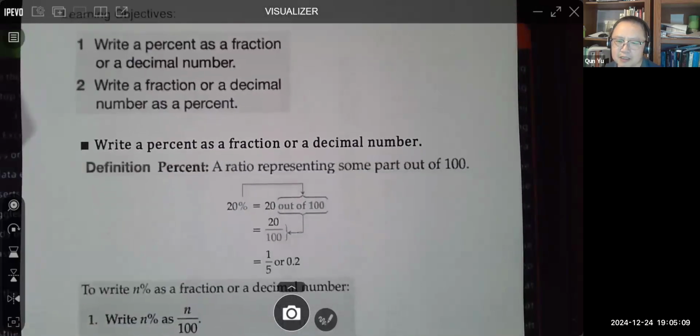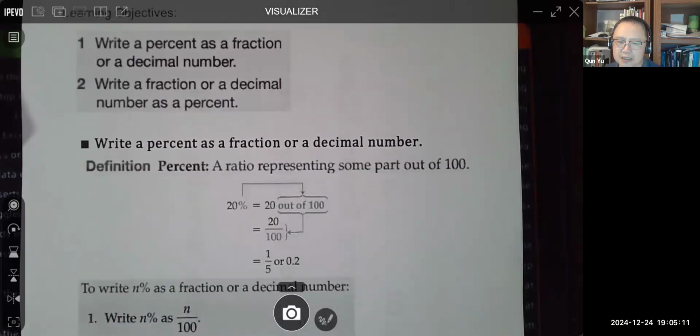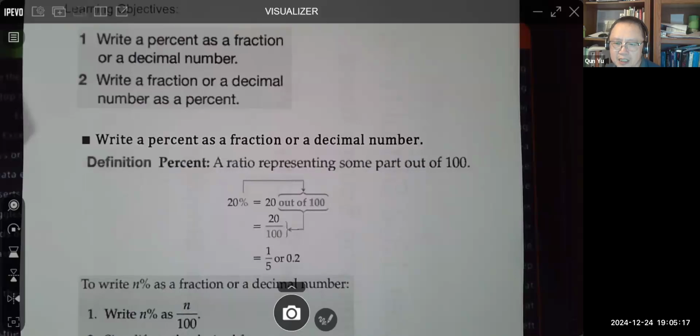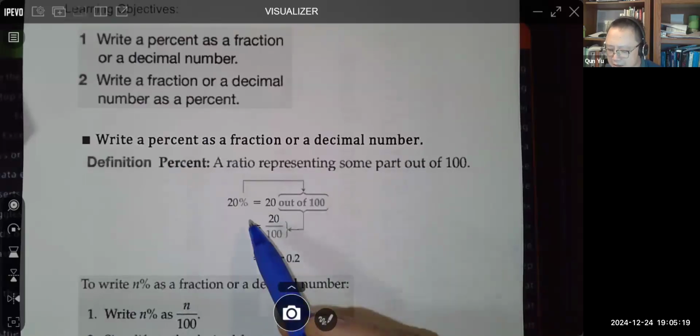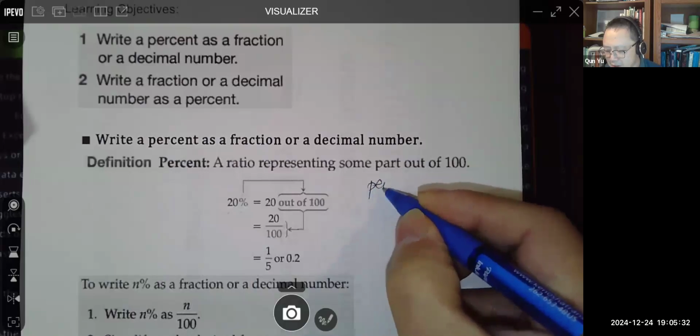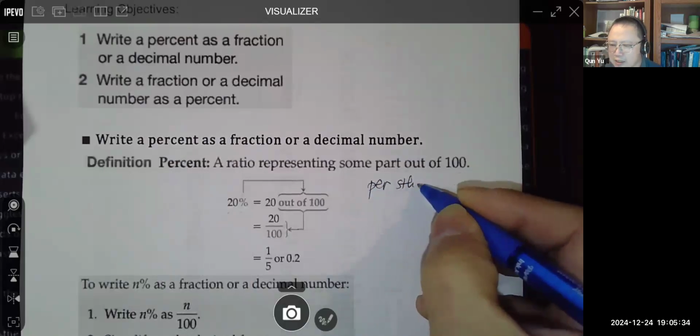First, we are going to have a percent, then we convert it to a fraction, then we convert it to a decimal. Now, if we look at this example here, percent. You see the percentage symbol. Percent really means per 100. Whenever we say per something, there's something on the bottom.